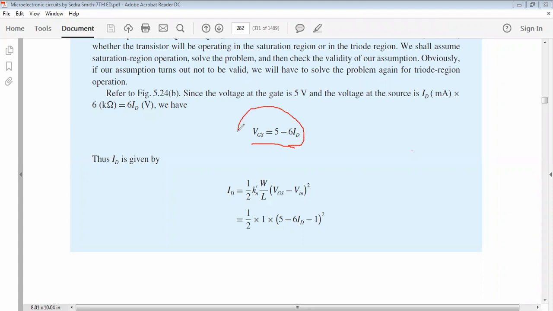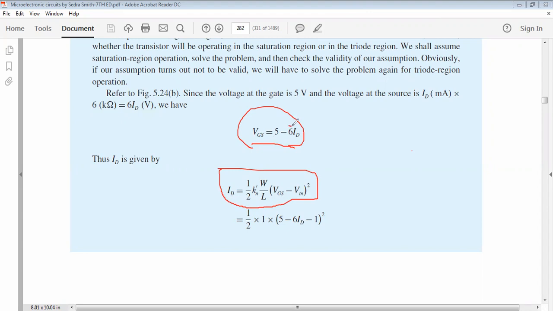This VGS is substituted in the drain current expression in the saturation region, which is ID equal to 1 by 2 K dash W by L times (VGS minus VTN) squared.